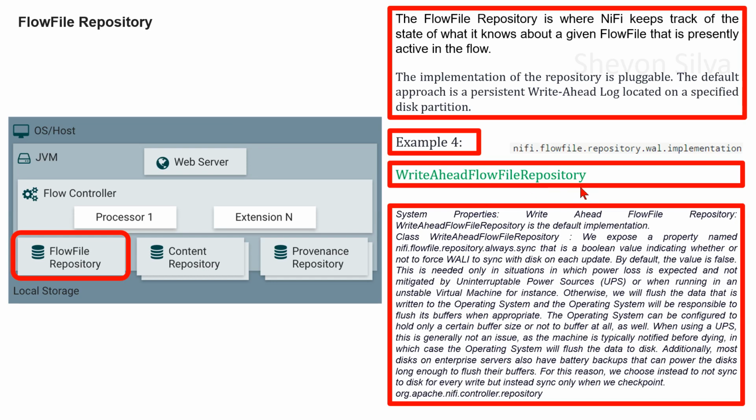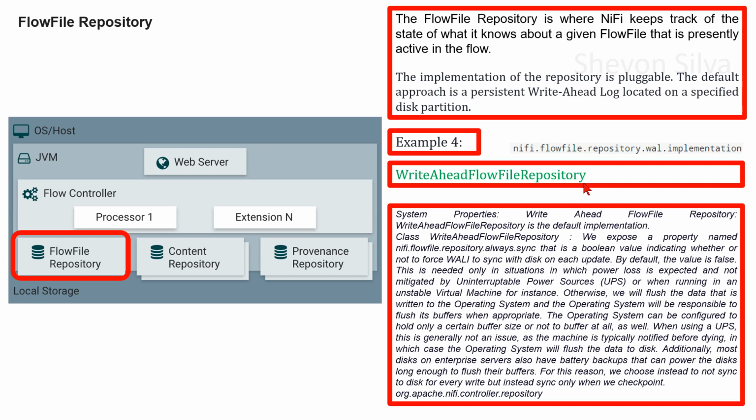In the class WriteAheadFlowFileRepository, we expose the property named nifi.flowfile.repository.always.sync, which is a boolean value indicating whether or not to force WALI to sync on each update. By default the value is false.